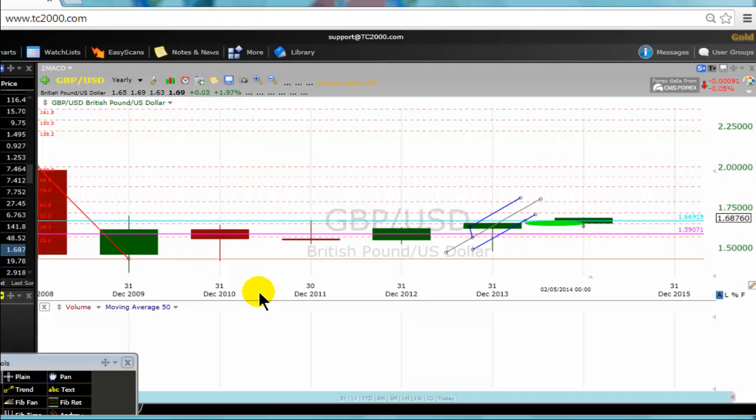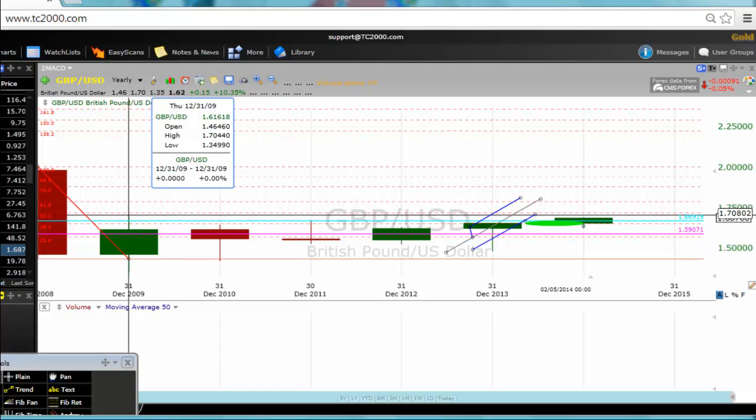The price is always moving from one key level to the next key level. So from the high of 2013, we are heading to the high of 2009. If that also is converted into a support level, we will head into the 50% Fibonacci retracement level. It's a psychological price level, so it's a thin dividing line between the bulls and the bears.